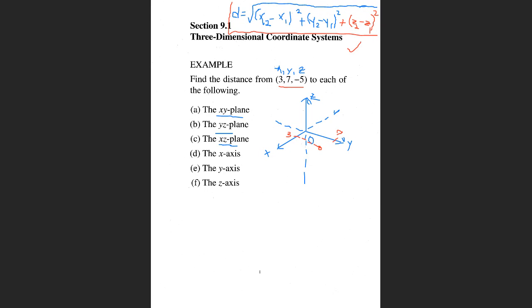Okay, but now I got to do the negative 5 for the z coordinate. So do I go up 5 units or down 5 units? You go down, good. So I can go down 5 units. Maybe negative 5 is here, but you have to kind of adjust your perspective.